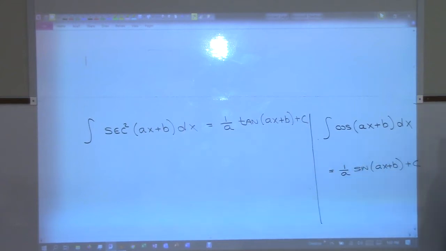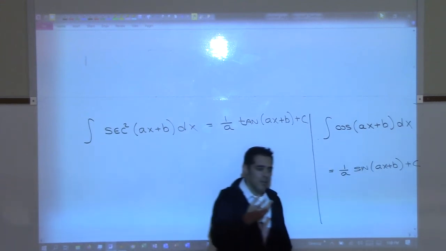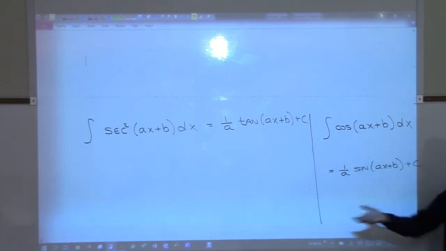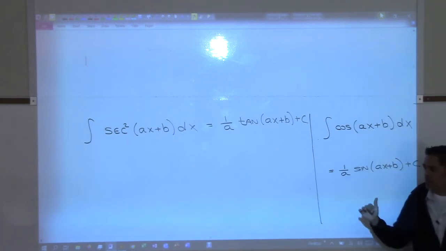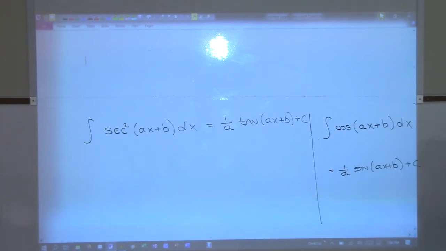Okay? So just keep that in mind as we move forward. If we are doing the antiderivative of something we know, but the thing inside of it is a linear expression, we just need to account for that when we take the antiderivative by scaling by 1 over a. All right? Okay. Now we're ready to move on.